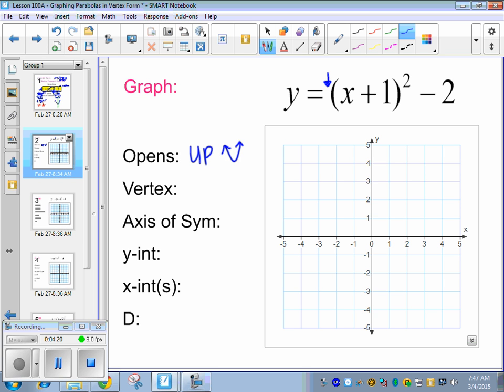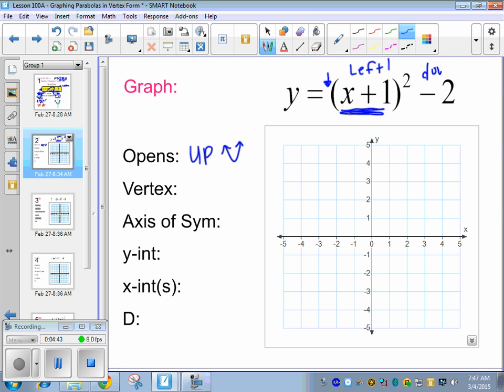Okay? Then we have the vertex. Let's talk about the shifts first. Anything in parentheses inside here moves left or right, and it's opposite of this sign. So if it is plus 1, it's going to move left 1. And then I have a minus 2.